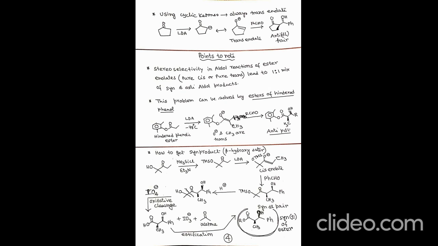The byproduct of this oxidative cleavage is IO3 minus and acetone, and this beta hydroxy acid can be subjected to esterification, so that at the end, indirectly, we will be able to get the racemic mixture of the syn beta hydroxy ester.